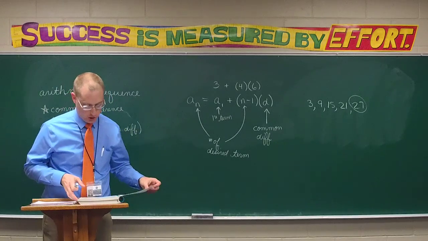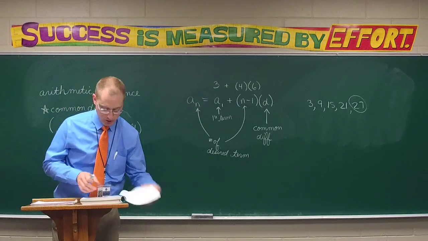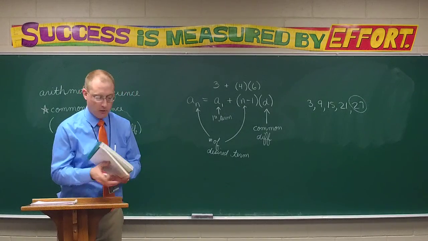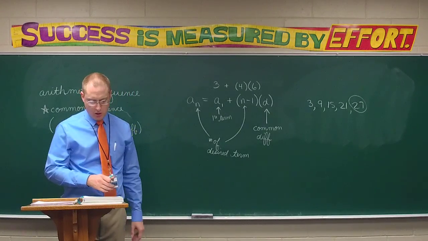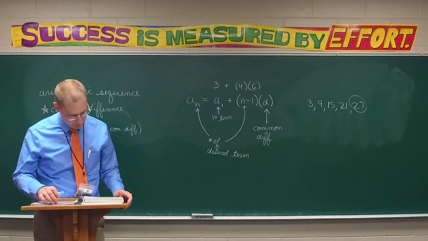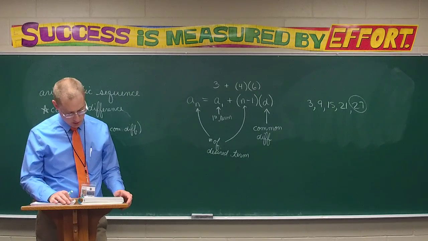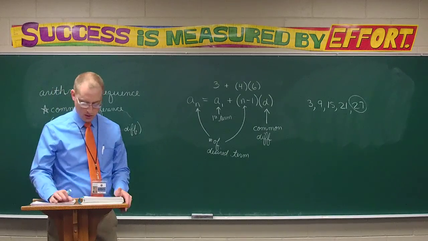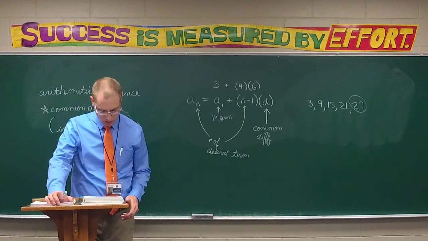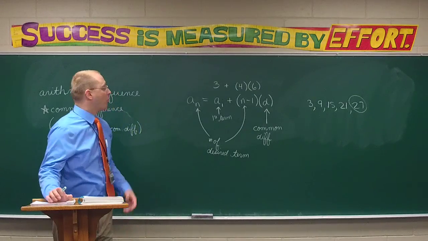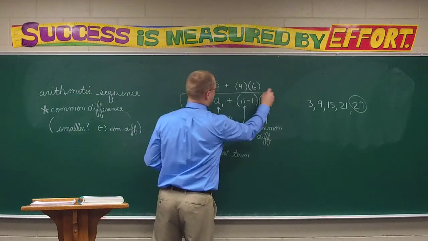Page 454, turn the page. Let's look at this example as well. Read the problem for us here, Audrey. Find the formula for the nth term of the arithmetic sequence -3, 2, 7, 12, 17. Use this formula to determine the 15th term of the sequence. Well, we already know our formula, and it's going to be this one.